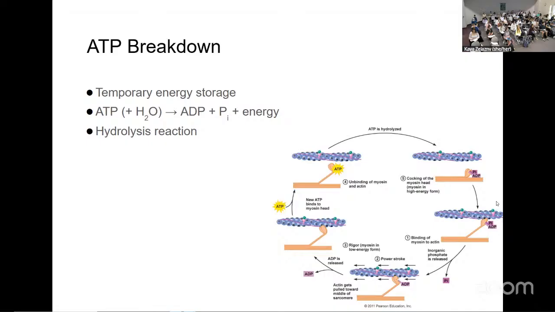We add in some water, and then that's going to break it apart into the adenosine diphosphate and an extra phosphate group, plus the energy that was in that bond that we've just broken. So this would count as a hydrolysis reaction because we broke something, right? We lysed it. That lysis tells us we're breaking something down. Hydro for water. So we added water and we broke the ATP. Hydrolysis reaction.